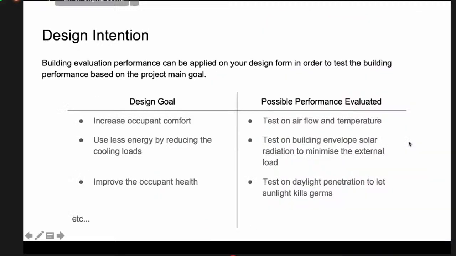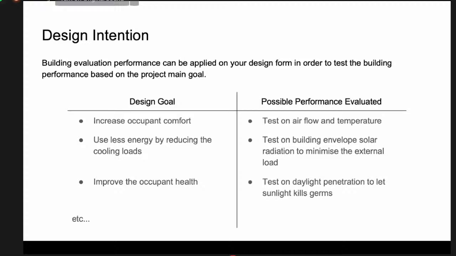So talking about the design intention, how can we use the building performance evaluation to make us closer to our design intention? We can do the overall calculation, or maybe we can just test part of that. For example, we have a design goal like increasing the occupant comfort in a building or in an area.